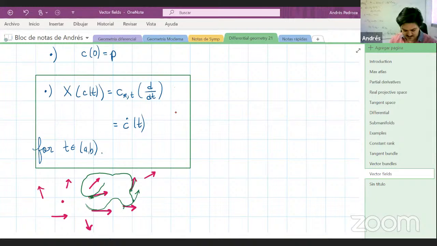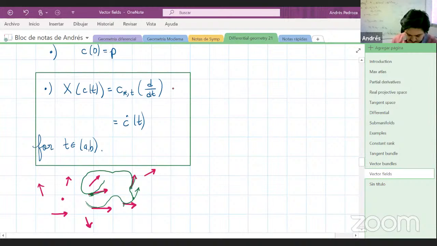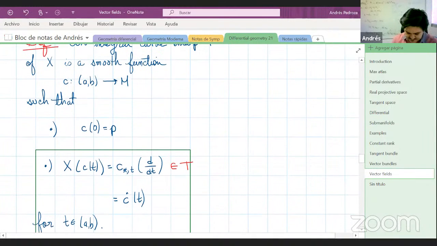Right? So applying the differential, this is in T_p, sorry. Like this, right? By the definition of this differential.